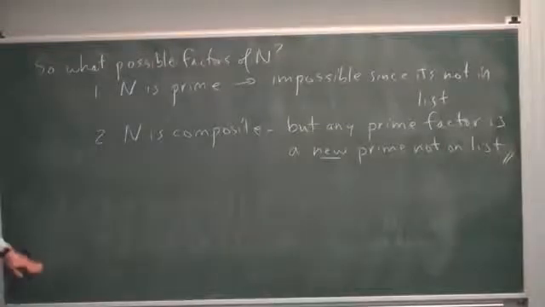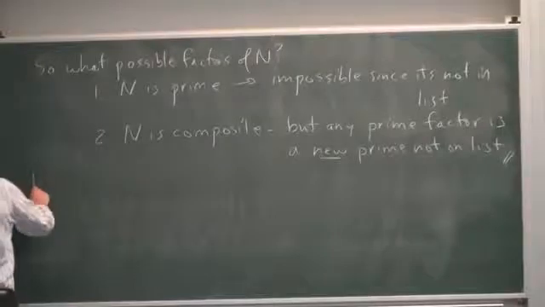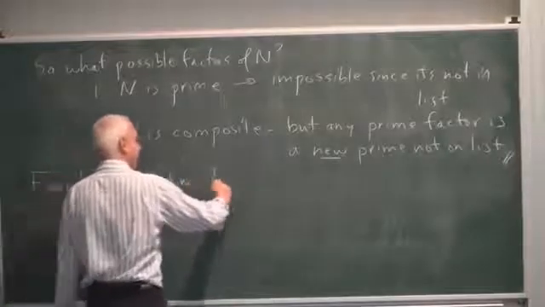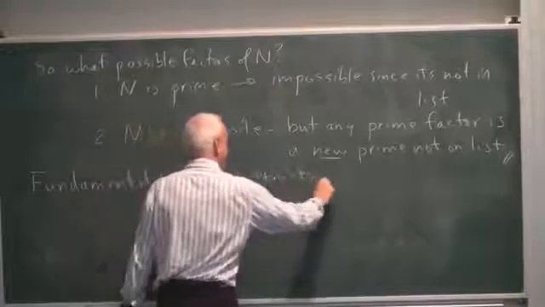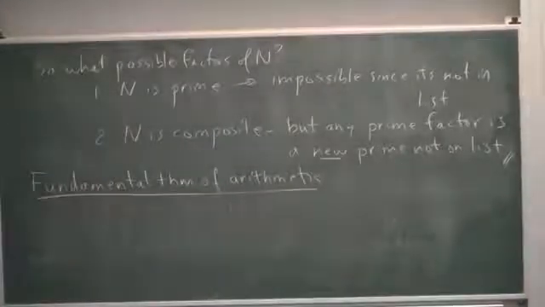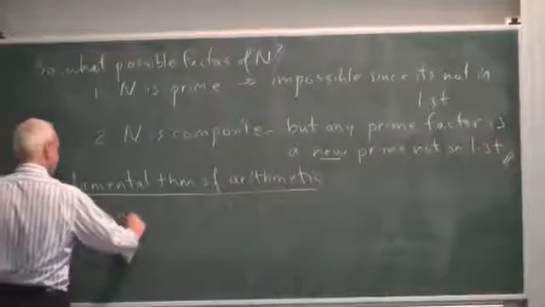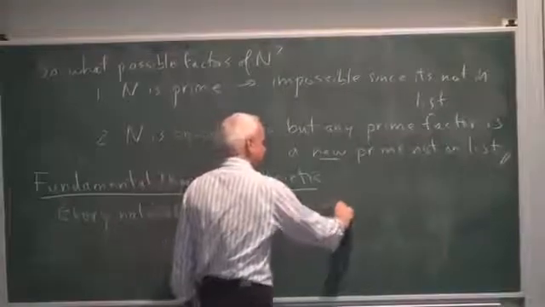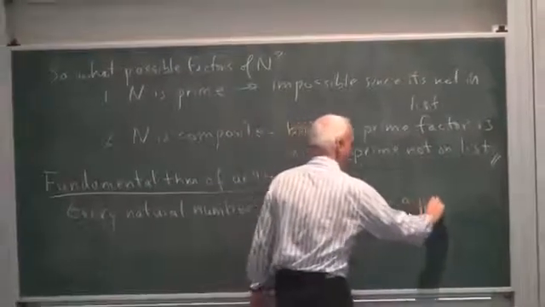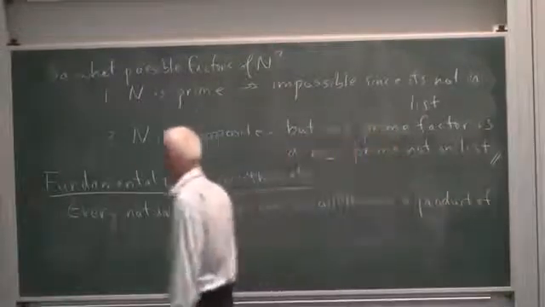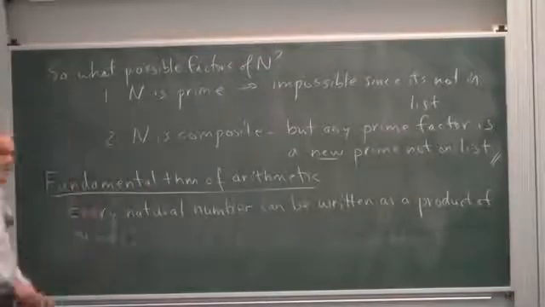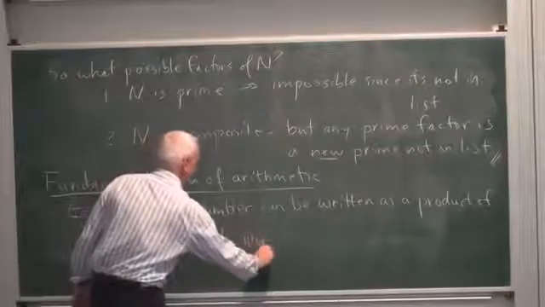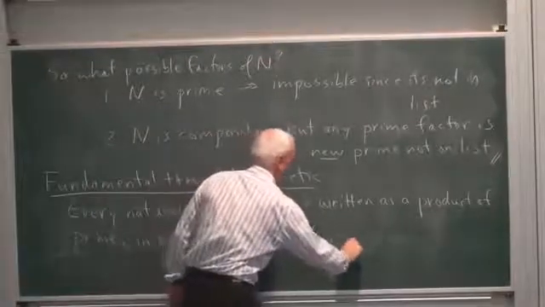Now we're kind of using some facts here that Euclid knew. The most important fact about primes, the fundamental theorem of arithmetic, as it's sometimes called, well, this also goes back to Euclid, is that every natural number can be written as a product of primes in essentially one way, up to rearrangement, or up to order.